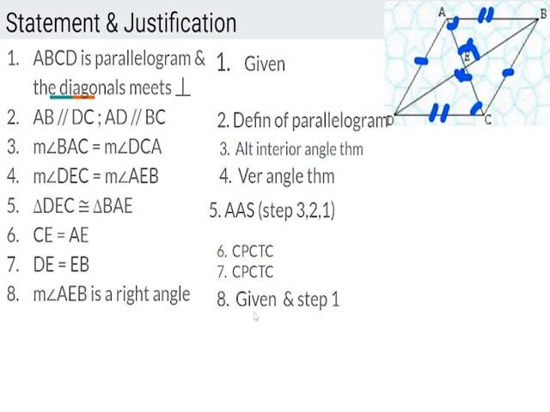It's step 1 or the given, either or, because they meet perpendicular. Since they meet perpendicular, it's going to be a right angle, which leads to step 9, since both of these meet midway and also meet at a perpendicular angle.